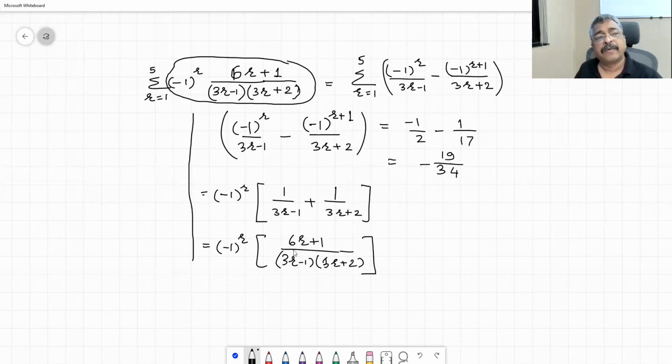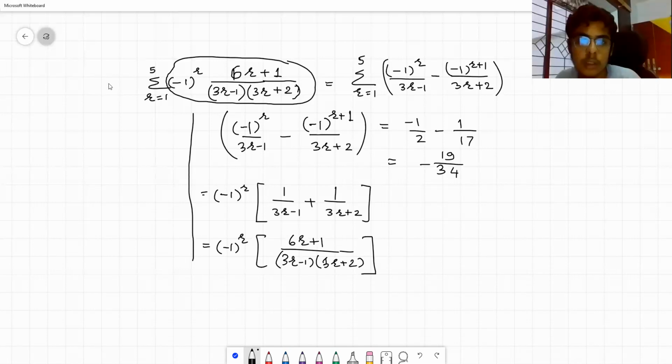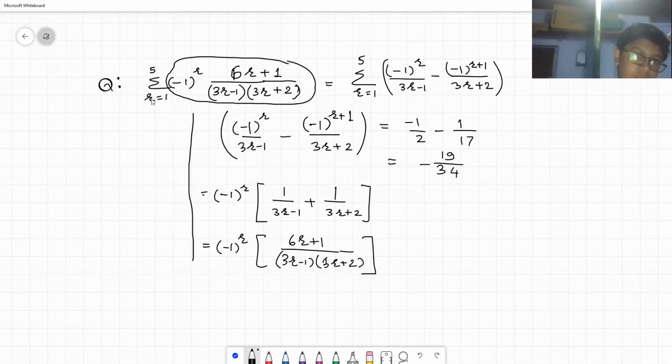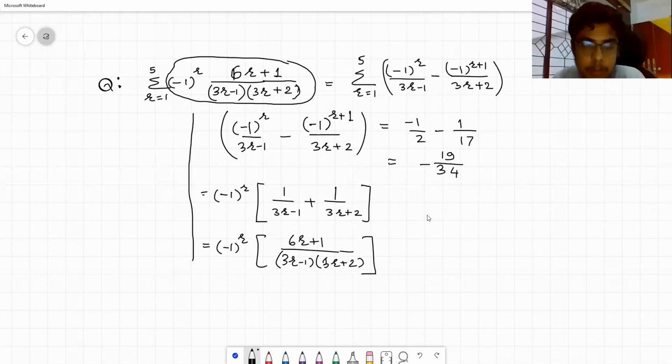Is that right? Yes, sir. Sir, I used another method. Yes, sir. What is another method? Sir, I kept it the same, 1 upon 3r minus 1 plus 1 upon 3r plus 2. And I said the telescopic setup will be formed in this one, because if we put an odd value, then we get two negative terms, and if we put an even value, then we get two positive terms, and the odd terms will cancel out the even terms.